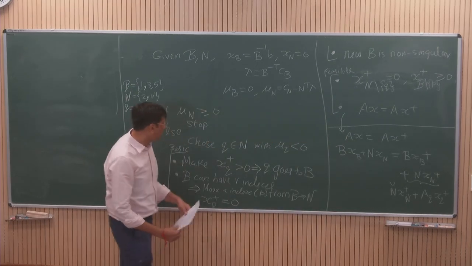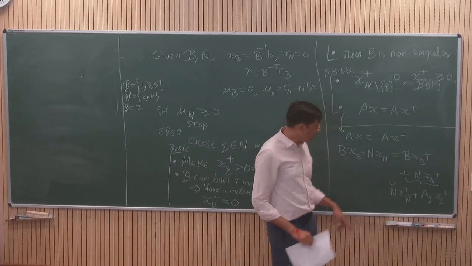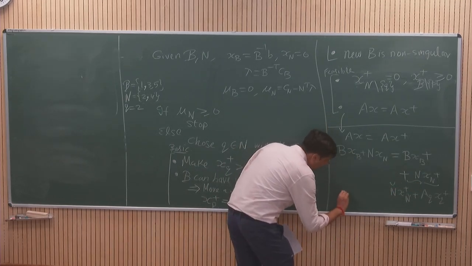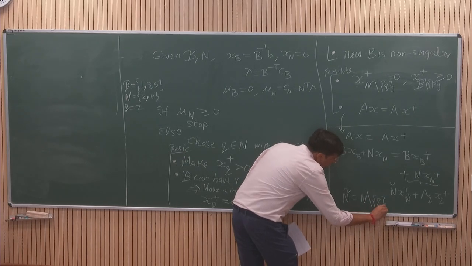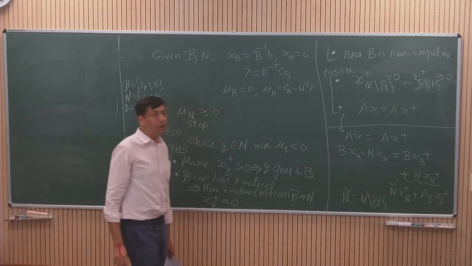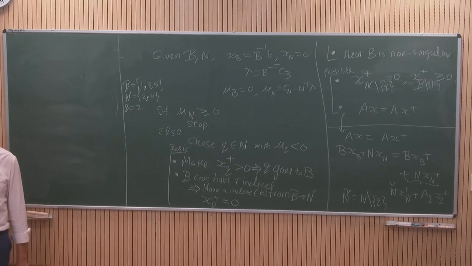What I did was I separated this xq plus from this. And what is N tilde? N tilde is the N set complement of q. So if your N was 2, 4, the N tilde is now 4 because q is 2. Everybody with me?